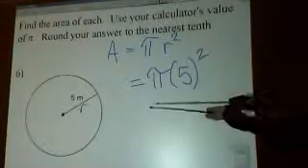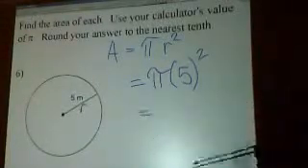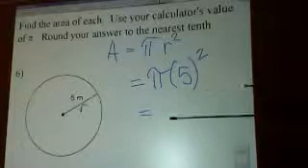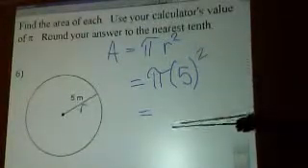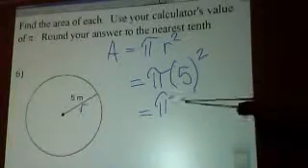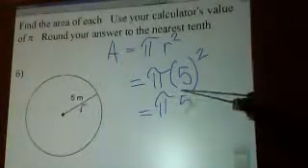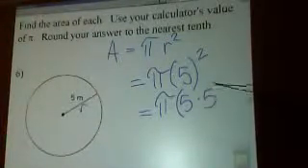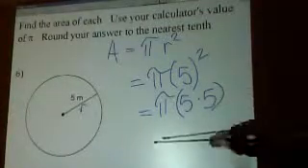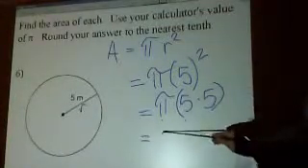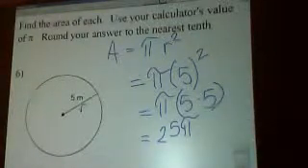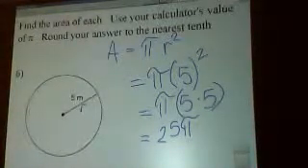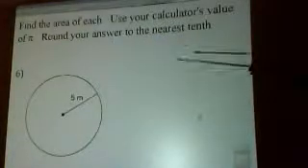So this is my radius, so we plug in 5 just like we did in the last problem, except now, try to remember that 5 squared doesn't mean 5 times 2. It doesn't mean 10. It means 5 times 5. So, just so I can go ahead and show this for clarity, that's pi times 5 times 5. And 5 times 5 is 25. So we're going to write this as 25 pi. That's just the way that we like to write it.